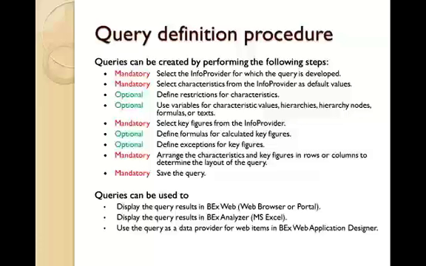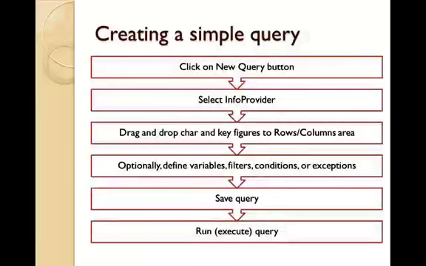And then there are a couple of optional items shown in green there, and we'll talk more about them later on. This slide again summarizes the steps that are involved in creating a simple query, which is pretty self-explanatory.